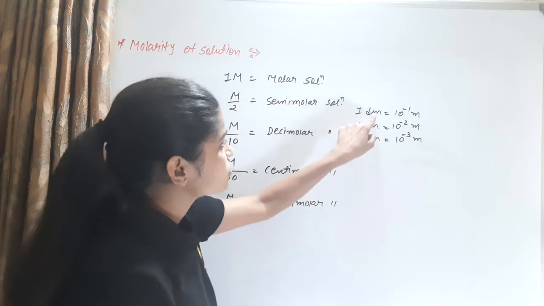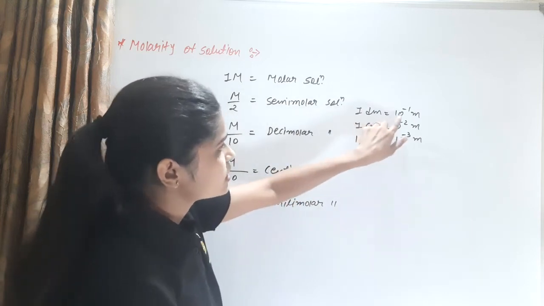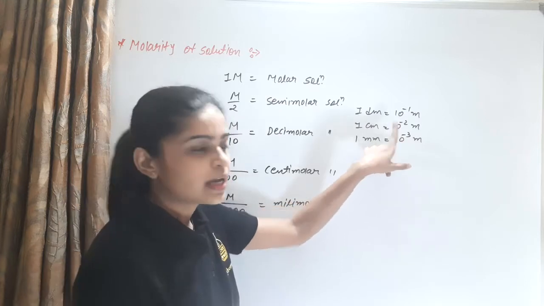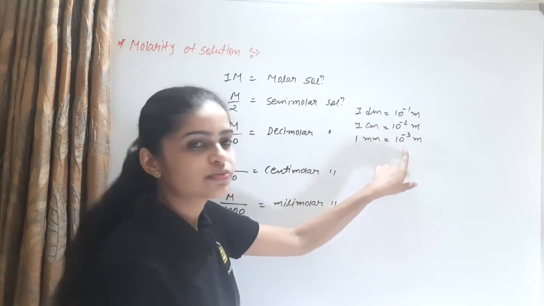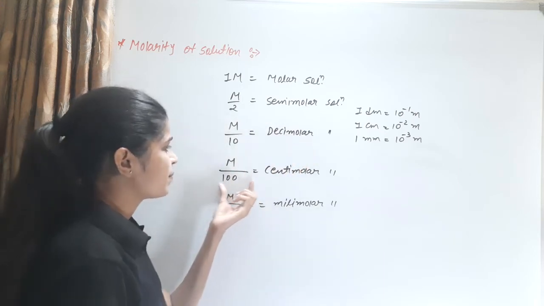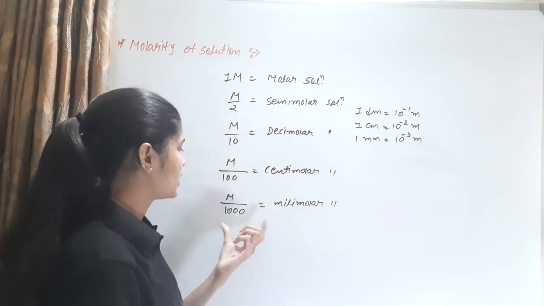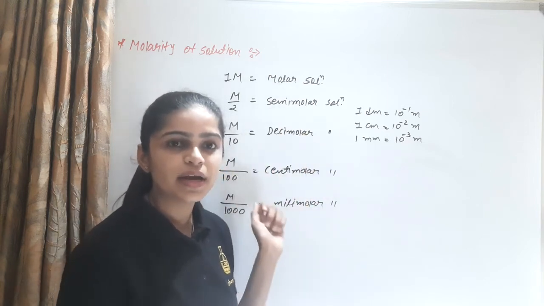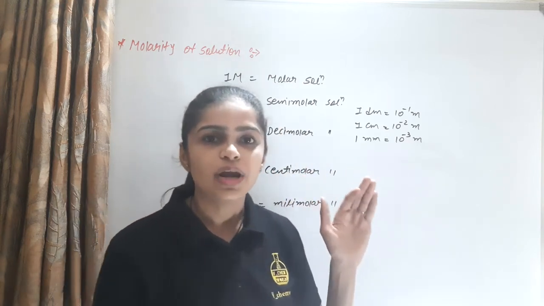So decimolar is divided by 10, centimolar is divided by 100, and millimolar is divided by 1000. So M by 10 is the decimolar solution, M by 100 is the centimolar solution, and M by 1000 is the millimolar solution. That way we find the different terms of molarity solutions.